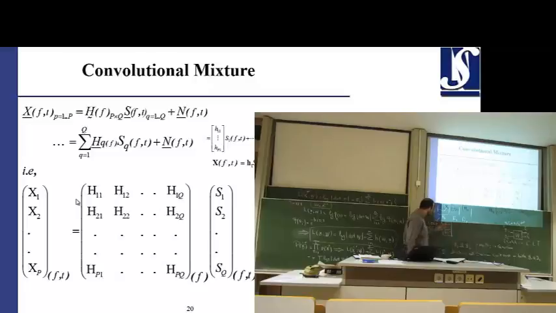But here, Y1 is a combination of S1, S2, and S3, and so on. When you do the ICA here, you get the S1 estimate, S2 estimate, and so on. Also for this one, and this one, and this one, and so on. But they are permuted. And the permutation for this frequency might be different from this one.